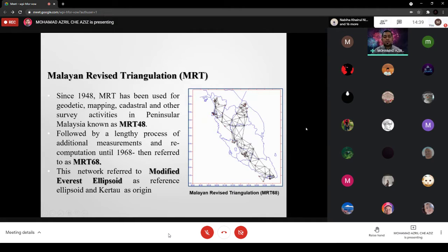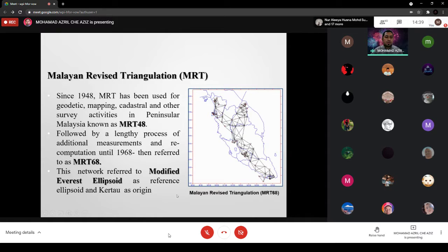That's why you will see the terms MRT 48 and then MRT 68. Because of the recomputation, it changed to MRT 68.